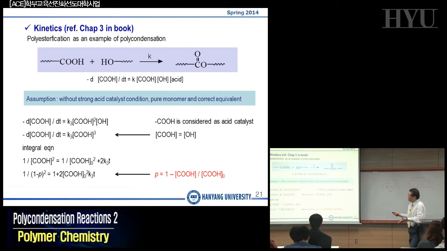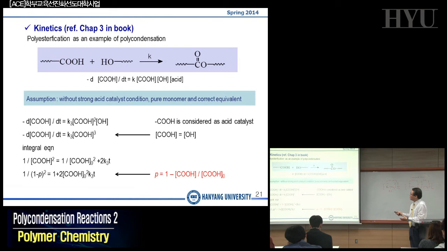If you put minus here, this is the consumption of your monomer. If this is positive, then this is the production of something.